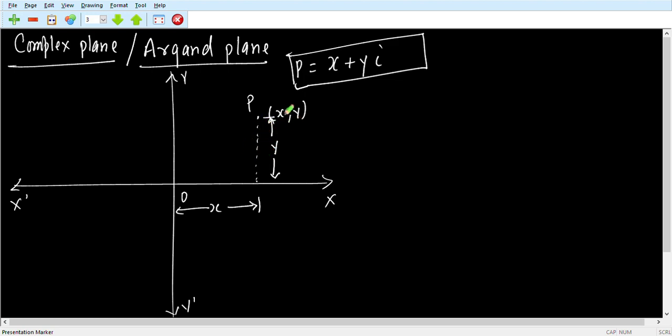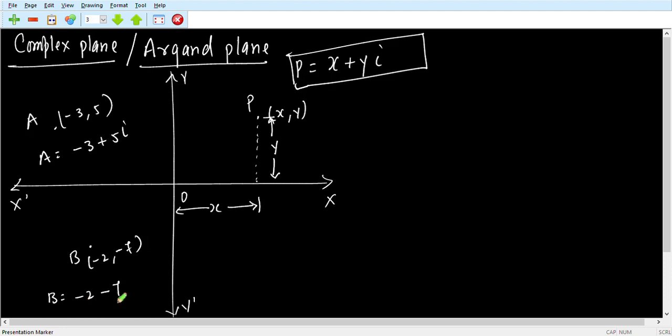First we should understand this. Let us suppose I have a point A, that is minus 3 comma 5. It means this A is nothing but minus 3 plus 5 iota. If I have a point B, that is minus 2 comma minus 7, then this B is minus 2 minus 7 iota.